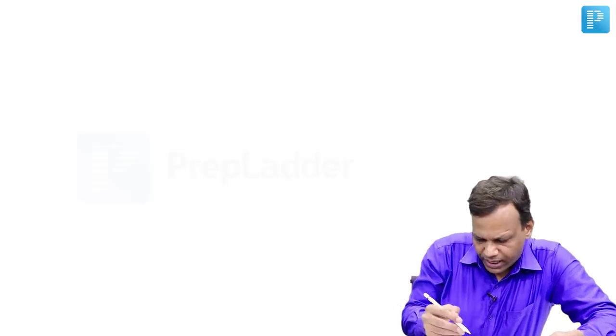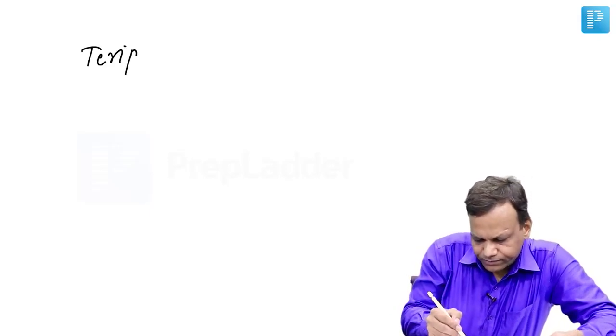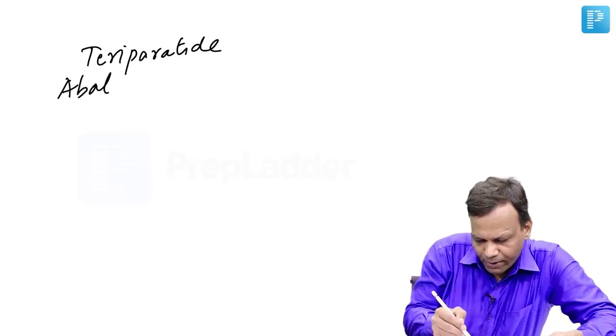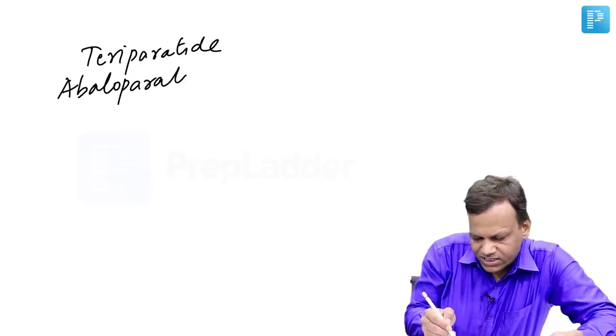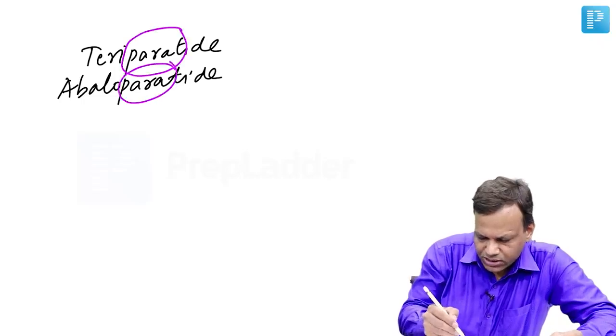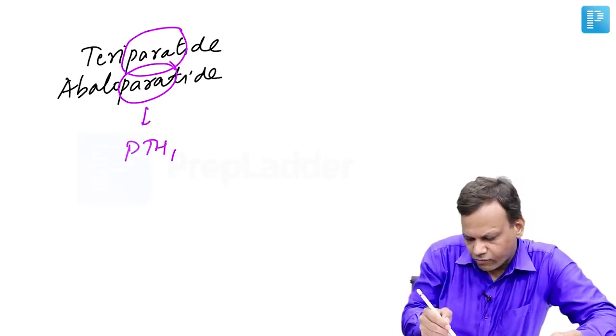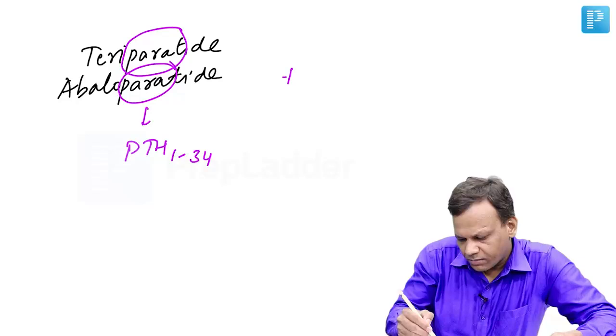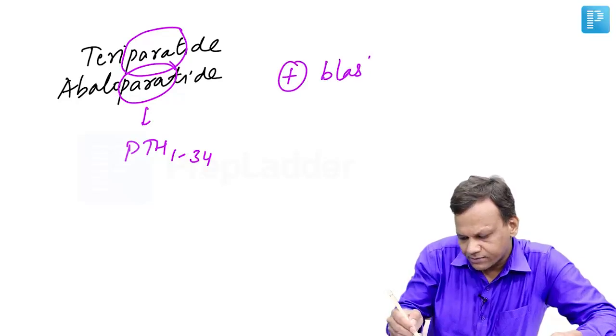Then we have another new drug in osteoporosis, which is called teriparatide, and a new drug called abaloparatide. As the name says, these are parathyroid hormone analogues, PTH 1 to 34. These drugs act by stimulating osteoblasts.